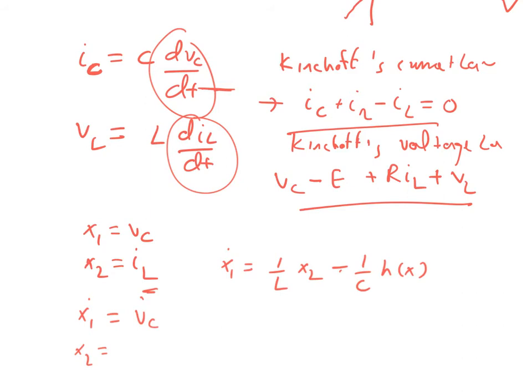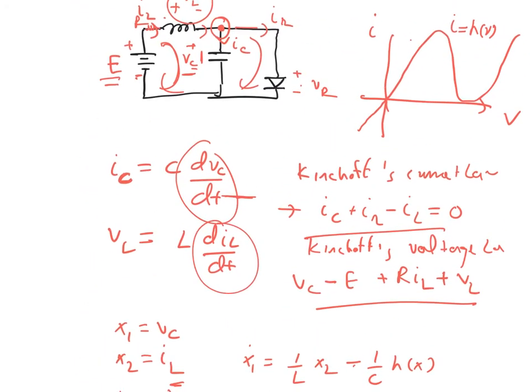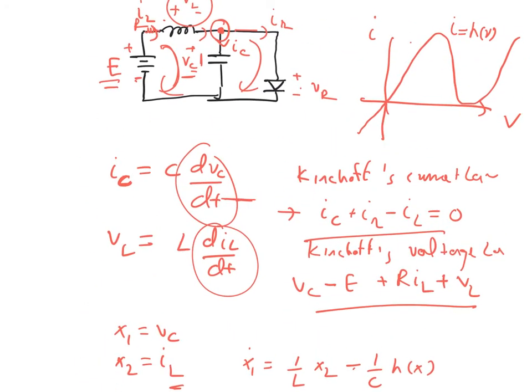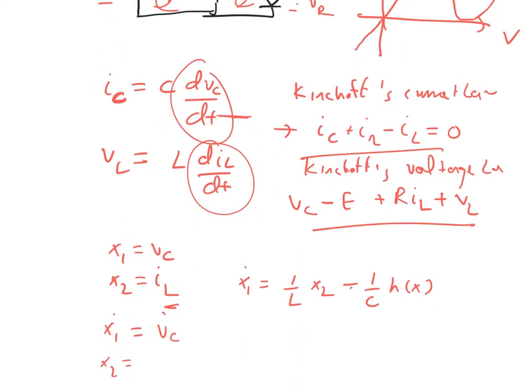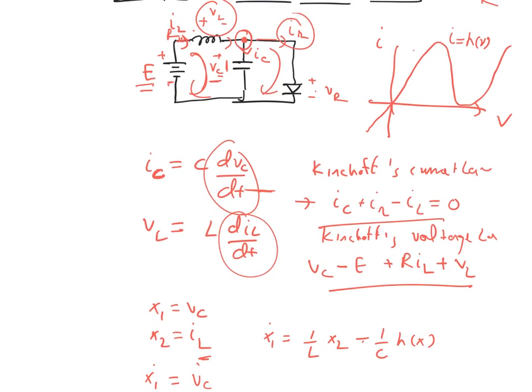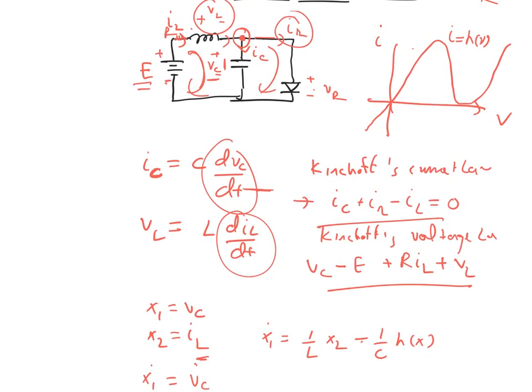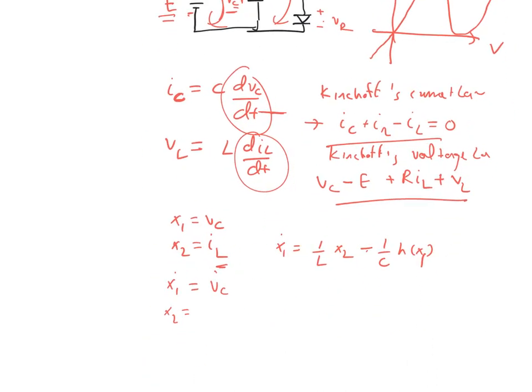Okay. And h of x comes from this, right? Because this IR here is a function of x. X is the voltage across the capacitor, Vc, and that is x1, right?